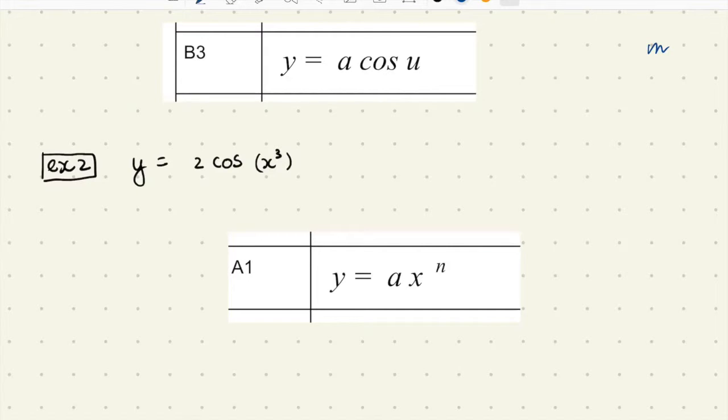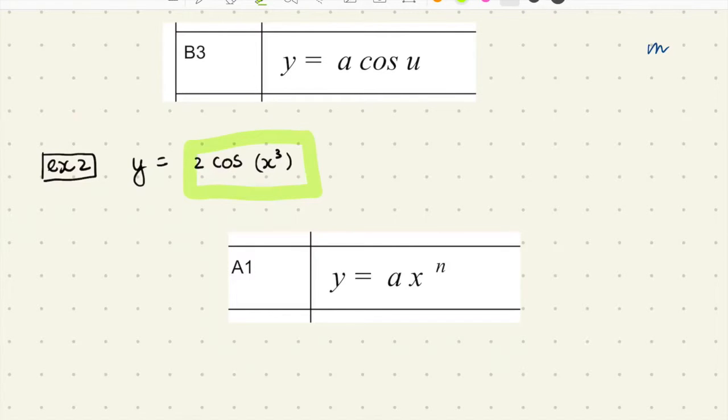We apply formula B3 and A1. Remember, if you're using any formula in formula group B, you must choose at least one other formula to find du/dx. In this case, A1.